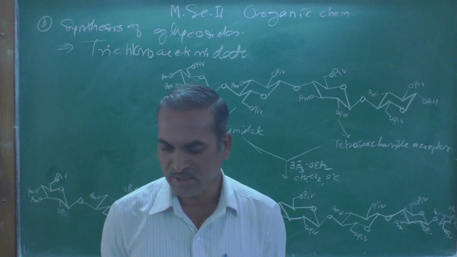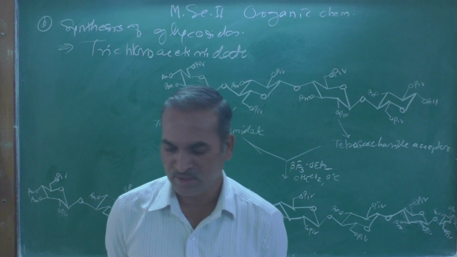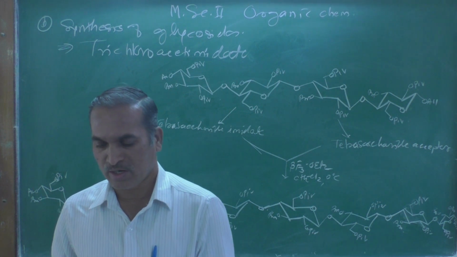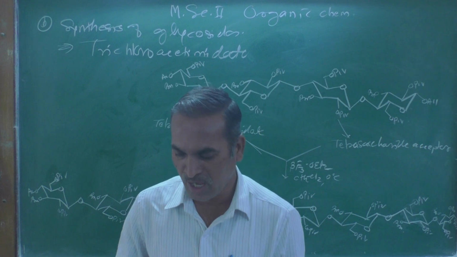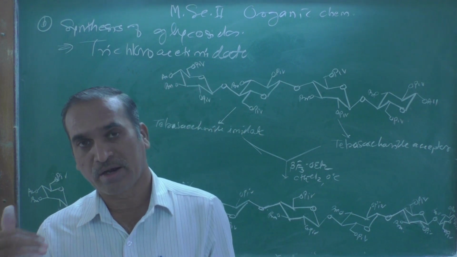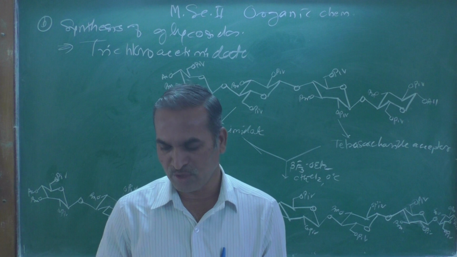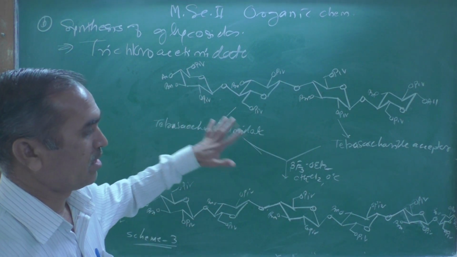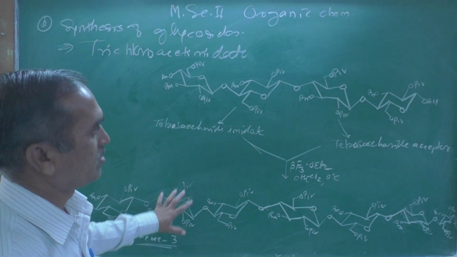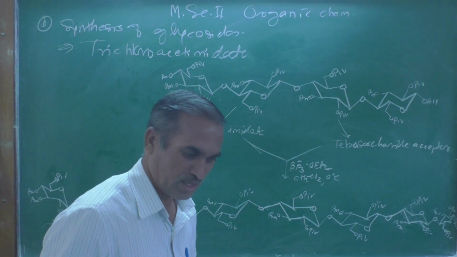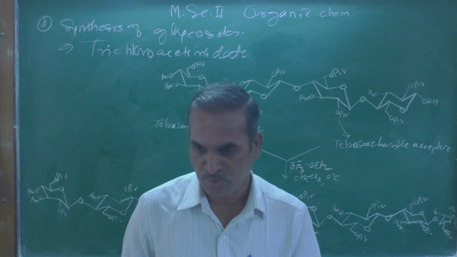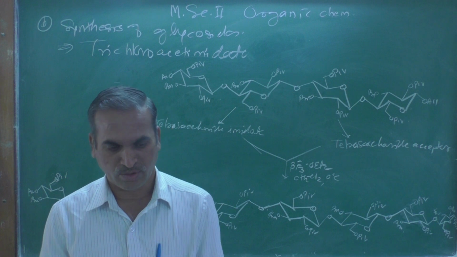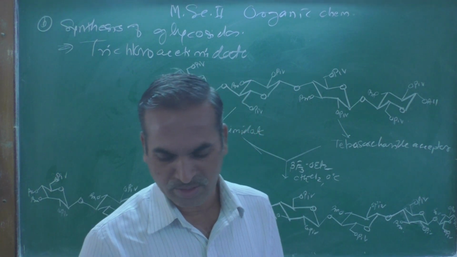High yields were achieved by using a specially developed high vacuum system for glycosylation under anhydrous condition, and therefore this is a very high yield process and selectivity is very good in this case, and that's why it has a prominent benefit in the field of carbohydrate chemistry.